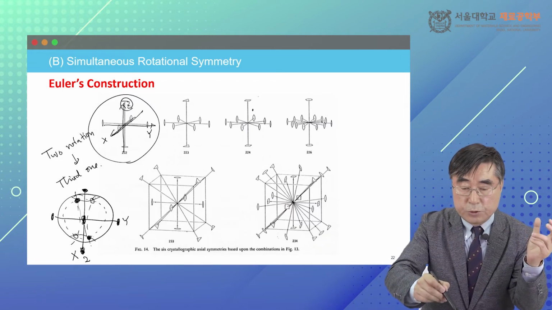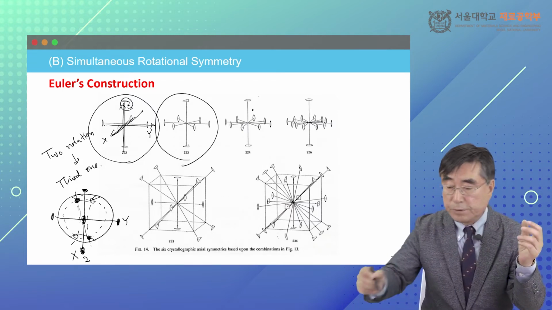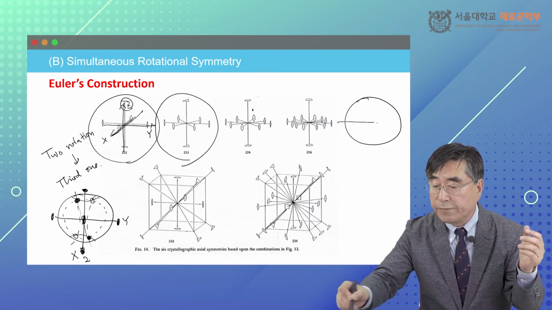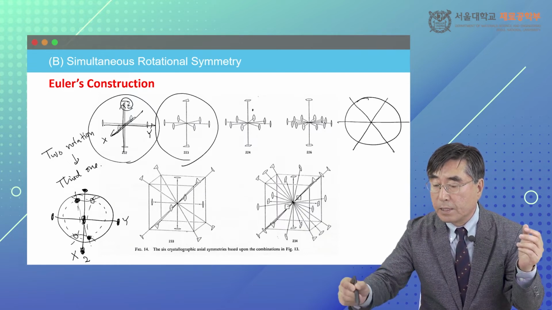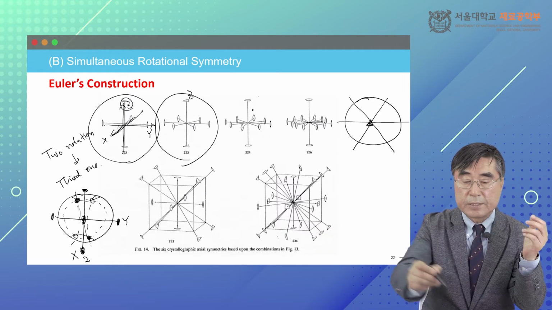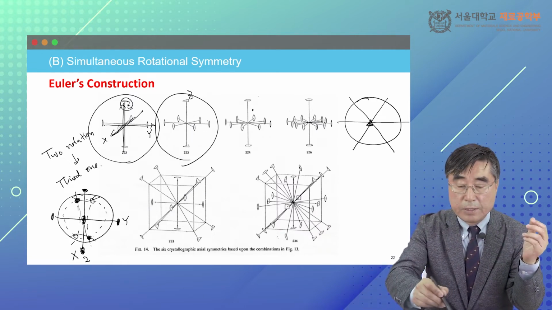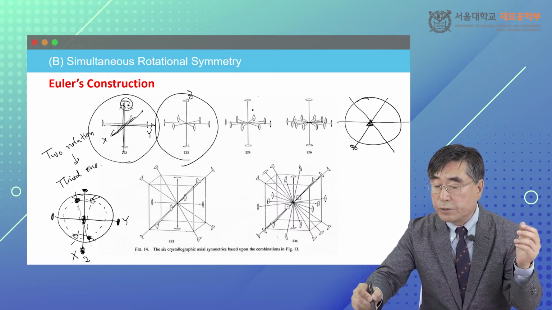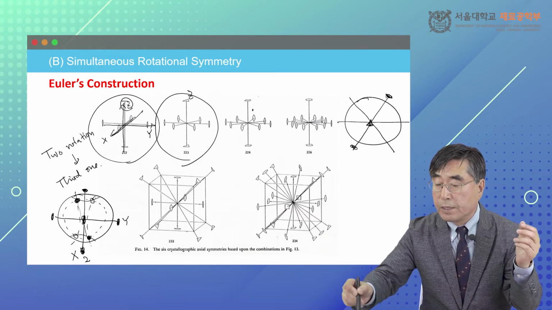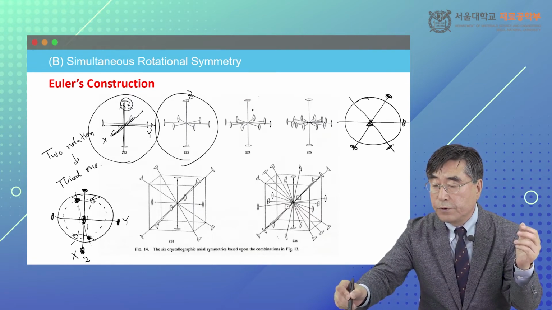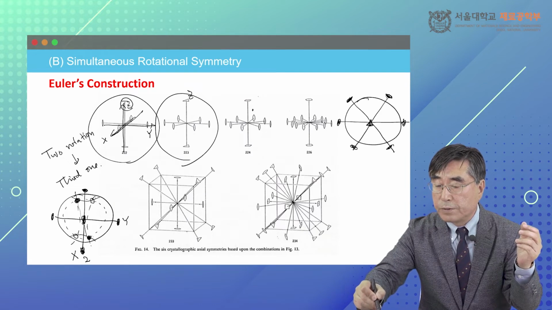Okay, now there is the 2, 2, 3 rotation operation. 2, 2, 3 is defined like this. This Z-axis is threefold. Now there are axes with twofold symmetry, twofold, twofold, twofold.